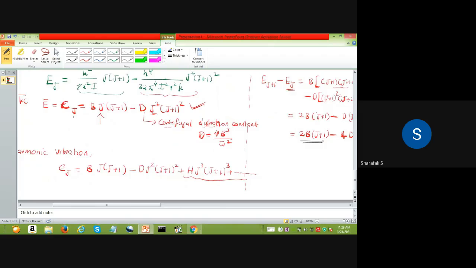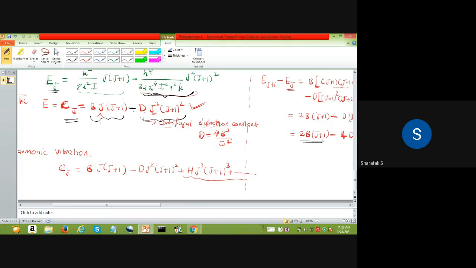These are your energy levels with the distortion constant, or with the effect of vibration, in joules. You can see that there is a minus here. Whatever you get with rotation only, B into J(J+1), then minus this quantity.